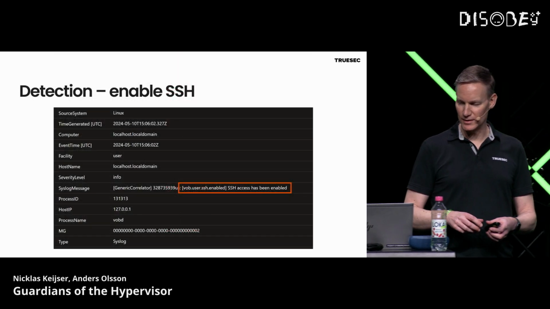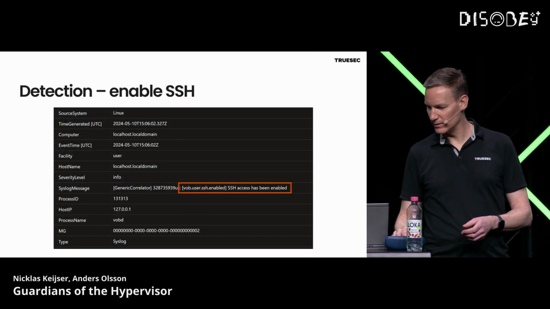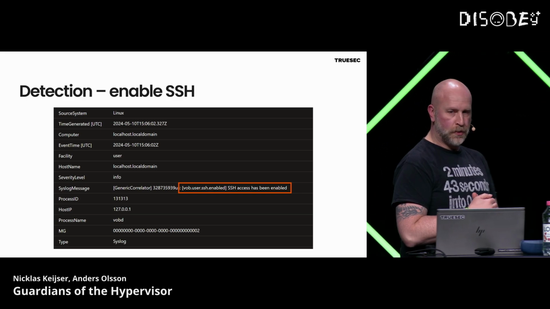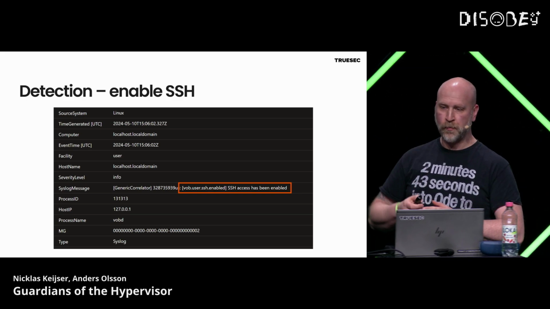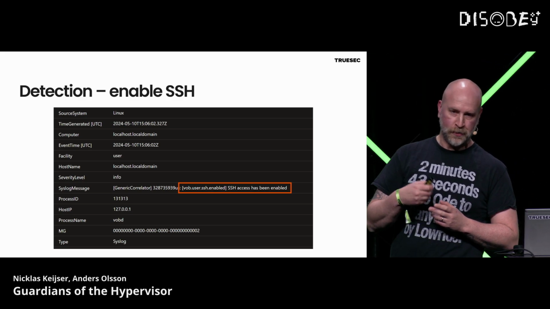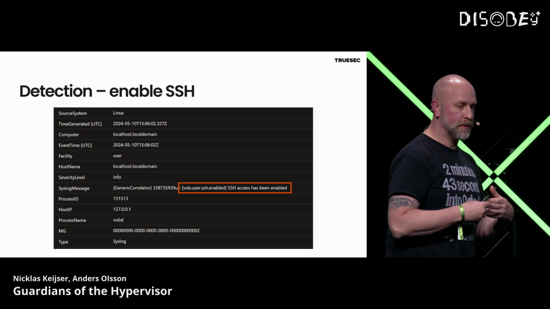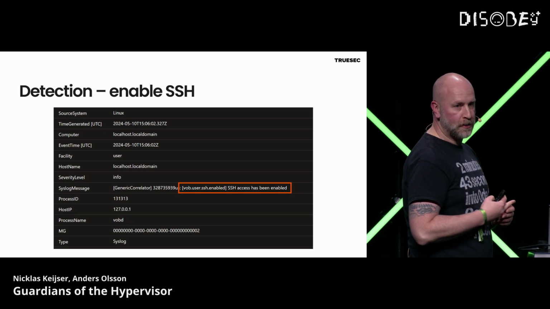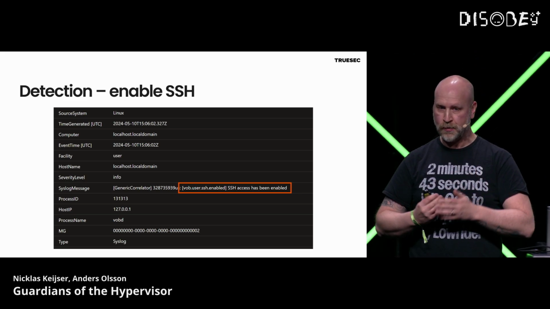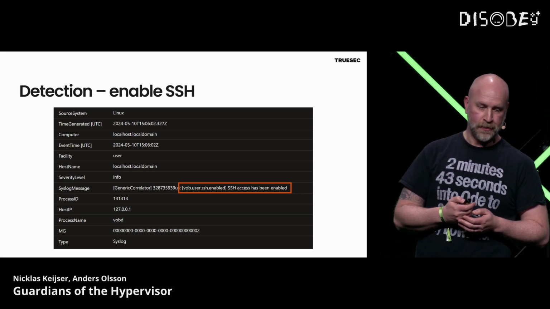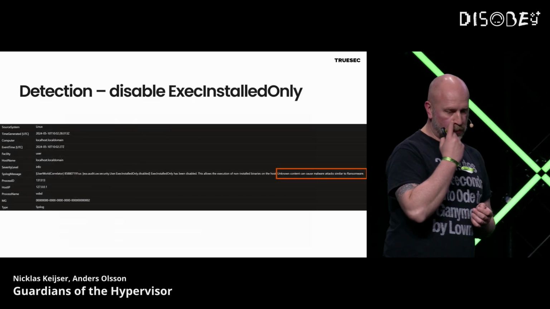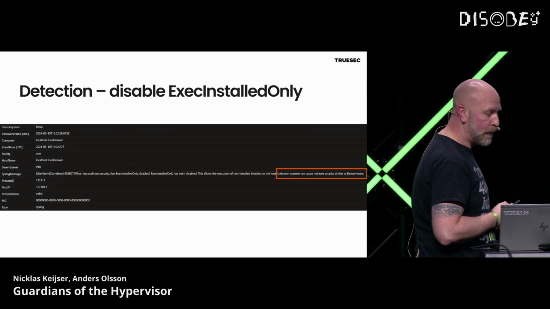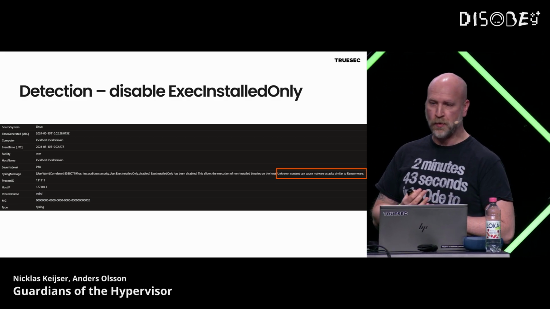Some detection examples that we have. Nicklas? As we said, it is possible to detect if you know what needle to look for. For instance, we have the event for when SSH access is enabled. If you work in an organization that doesn't have SSH enabled, this one popping up should raise an alert. Also the one we saw where we turn off the ESXi execute install only setting.